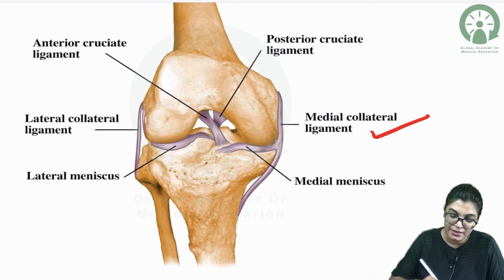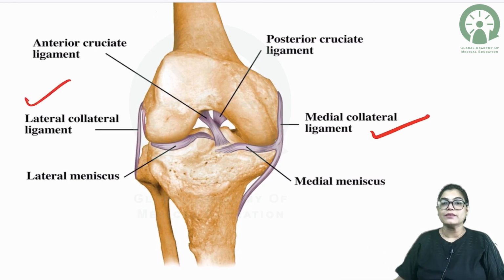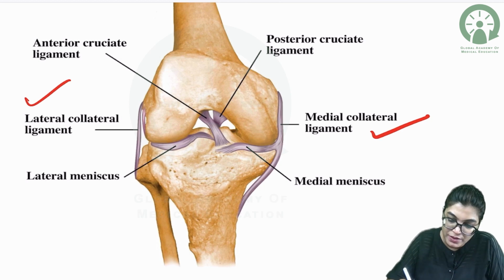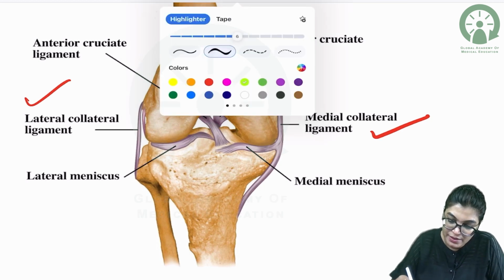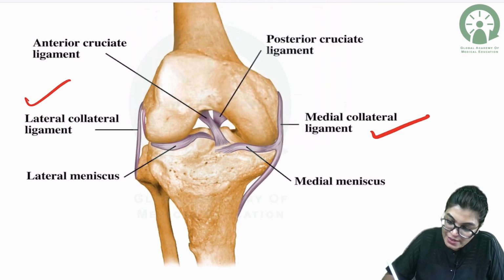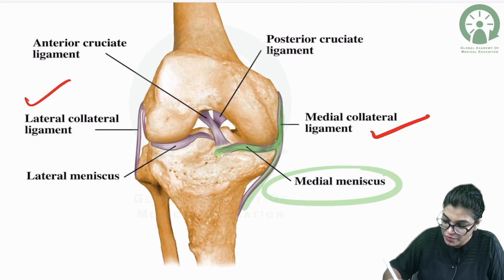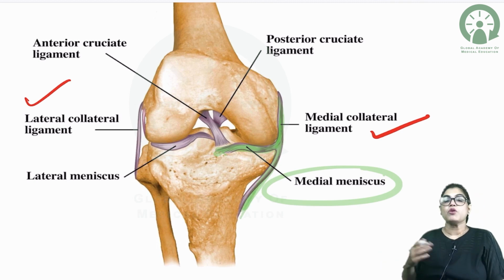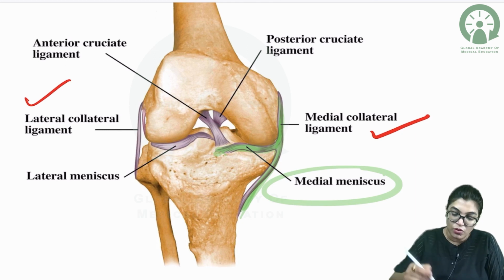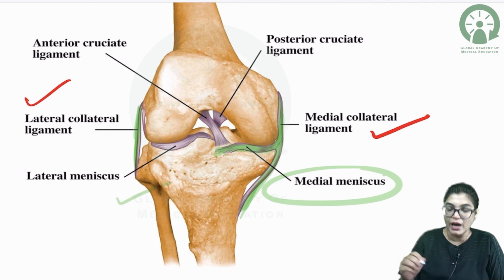Now, collateral ligament, as I told you, there are two: one is medial and another is lateral. The medial collateral ligament has two parts. What you can see is that this medial collateral ligament has a deep part, which merges with the medial meniscus, and a superficial part, which goes onto the proximal aspect of the tibia. The lateral collateral ligament is attached from the lateral epicondyle to the head of the fibula.